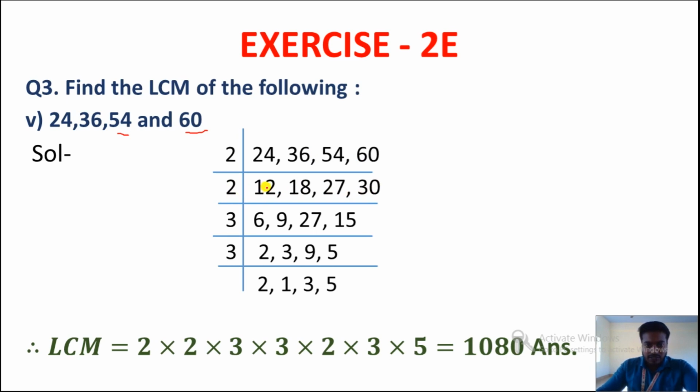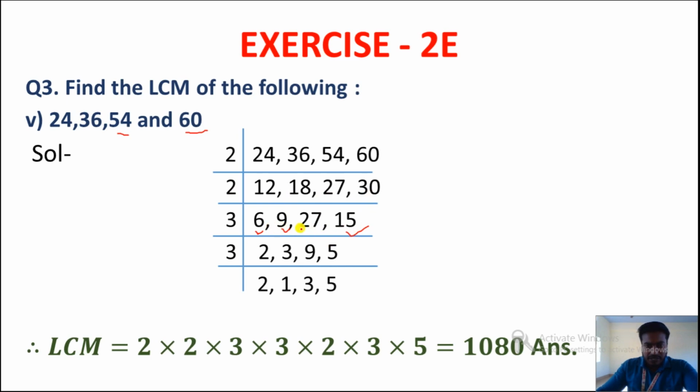First we'll divide 12 by 2, we'll get 6. When we divide 18 by 2, we'll get 9. When we divide 27, this is not possible, we can't divide, so we'll write it as it is according to the rule. Now we divide 30, so we'll get 15. Am I clear to you all?